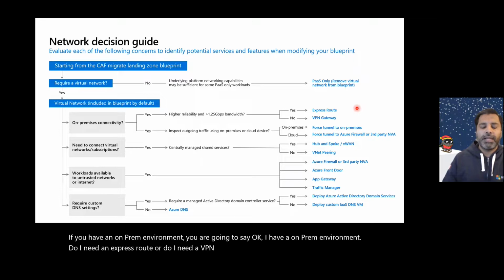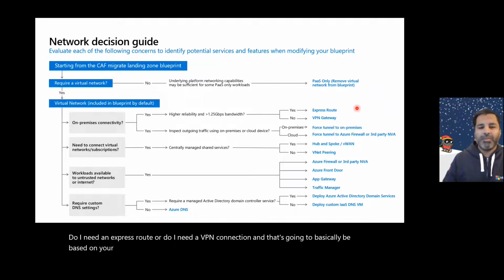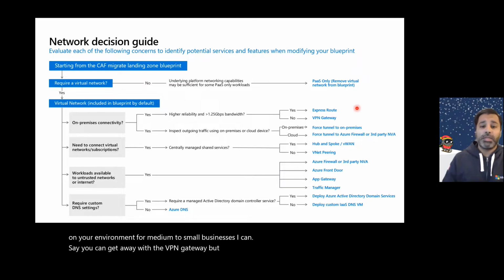And that's going to be based on your environment. For small to medium businesses, I can say you can get away with a VPN gateway, but for large enterprises, you'll probably have to have an ExpressRoute.